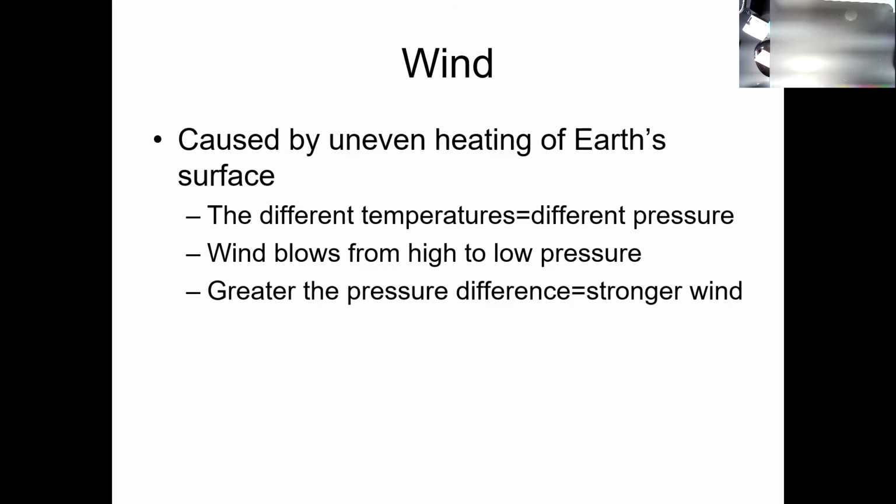Because wind blows from high pressure to low pressure. High pressure happens with what kind of temperature? Well, okay, let's stop and think here. In fact, we're going to write this down again.